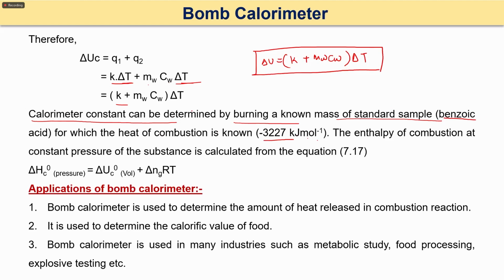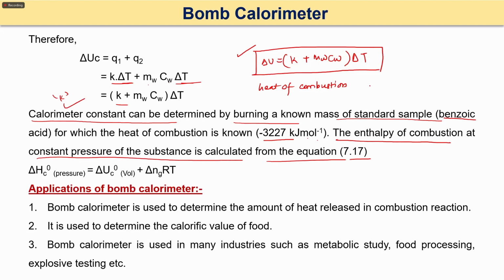So if you know this, then you can easily calculate the calorimeter constant K. And the enthalpy of combustion at constant pressure of a substance is calculated from equation 7.17. So your delta U is nothing but the heat of combustion at constant volume.